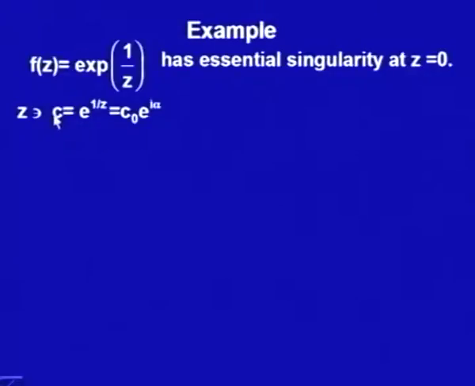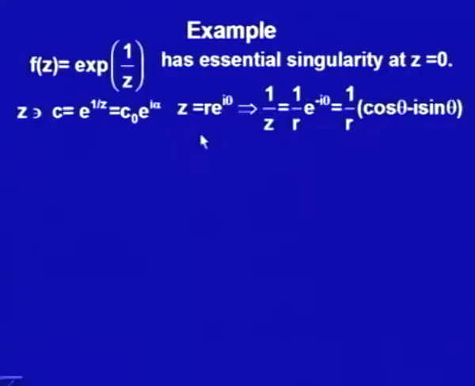So, this complex number, let us write it as c naught e to the power i alpha, where c naught is some constant and alpha is some constant. Now, if I represent my z by polar coordinates rather than x plus i y, then z can be written as r times e to the power i theta.